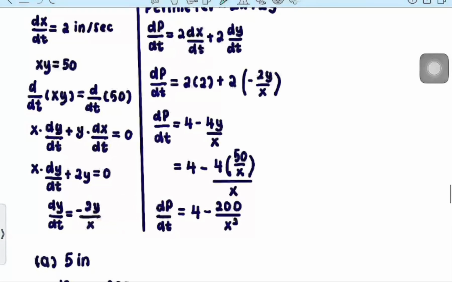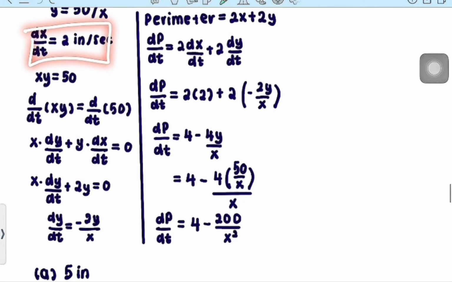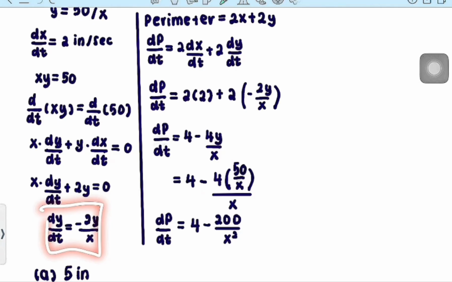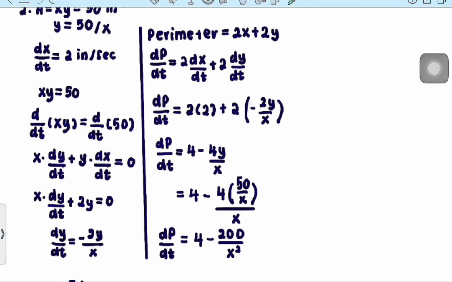Okay, so next we substitute the dx over dt and the dy over dt into the perimeter formula, the perimeter equation.